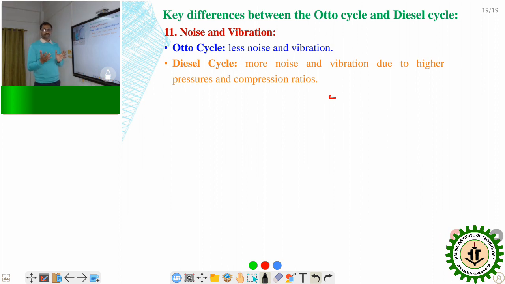Then compression of the charge, maybe only air or maybe air petrol mixture. Then combustion happens at the end of the compression stroke, so it is not considered a stroke. And then the expansion stroke, meaning the power stroke, and the exhaust stroke in this four stroke. Thank you, students.